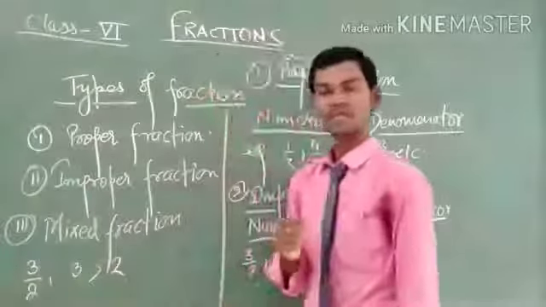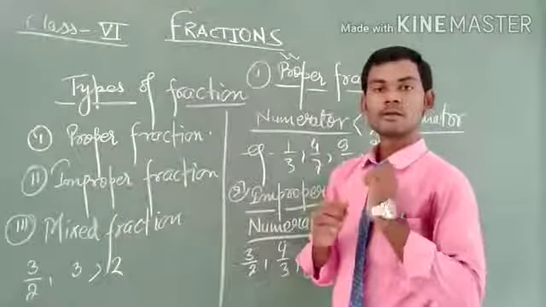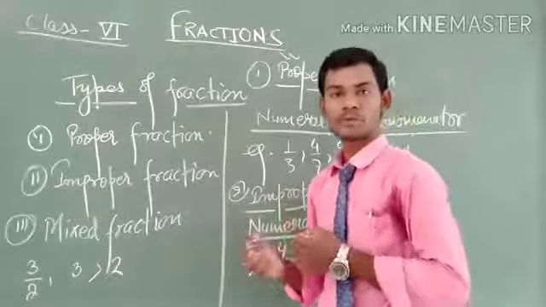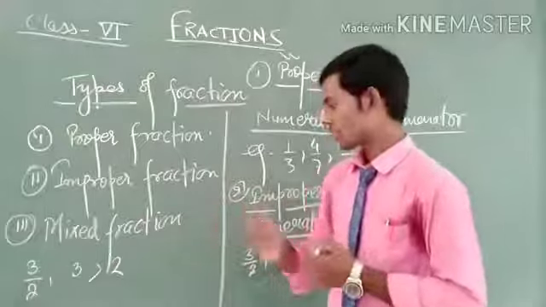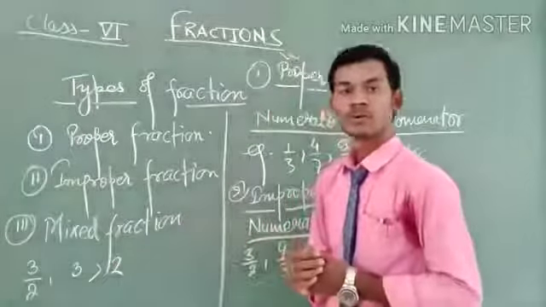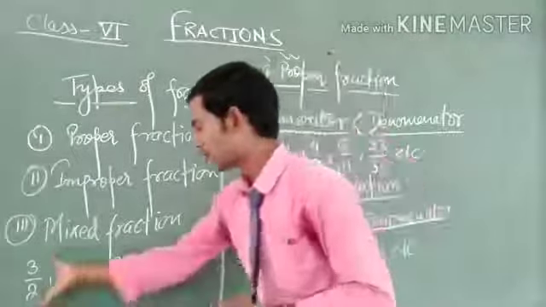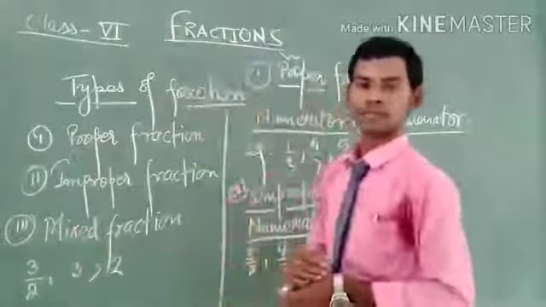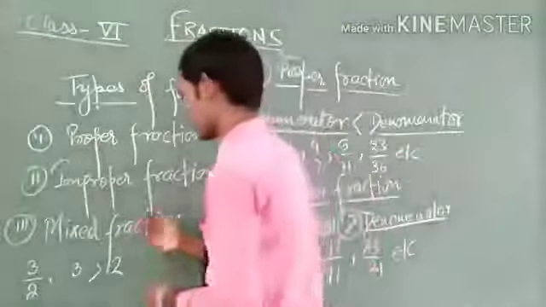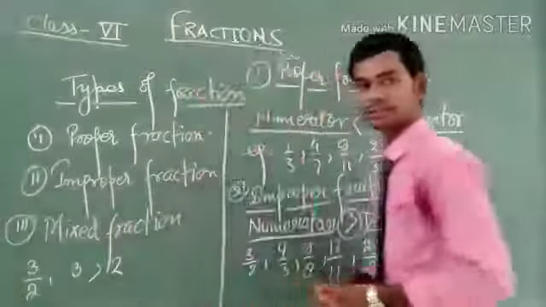As the definition says, if the numerator is greater than the denominator, then it is known as improper fraction. So in the fraction 3 by 2, 3 is greater than 2, so we can say that 3 upon 2 is an improper fraction. I hope it is clear. Now let us see the next, which is the mixed fraction.